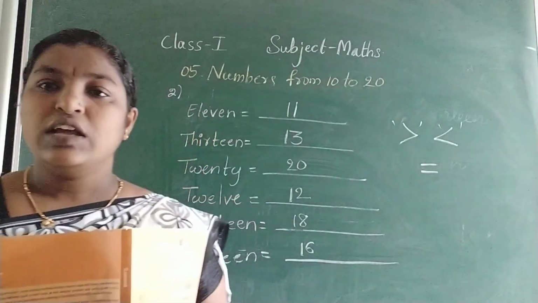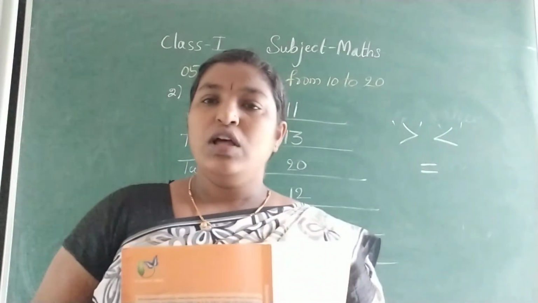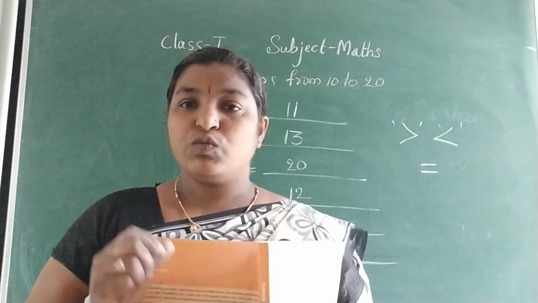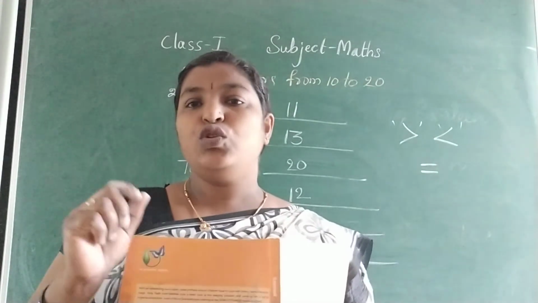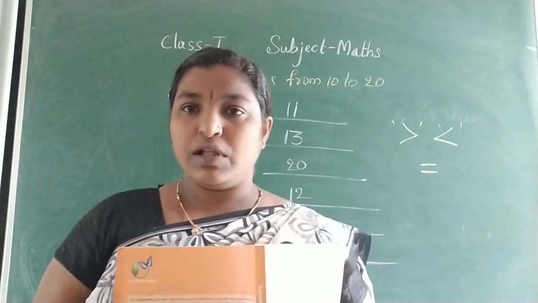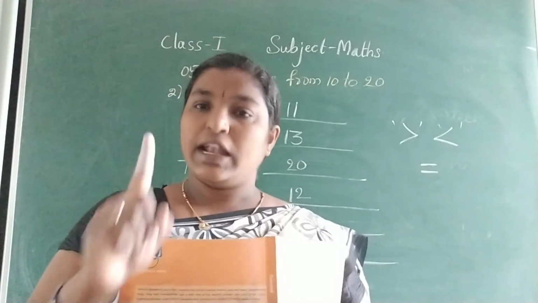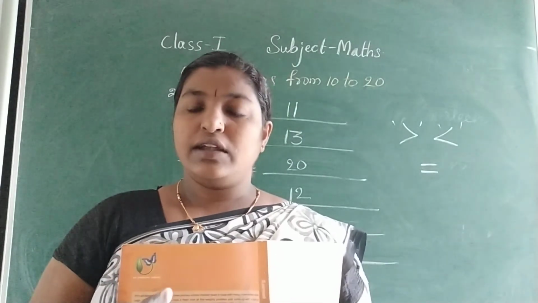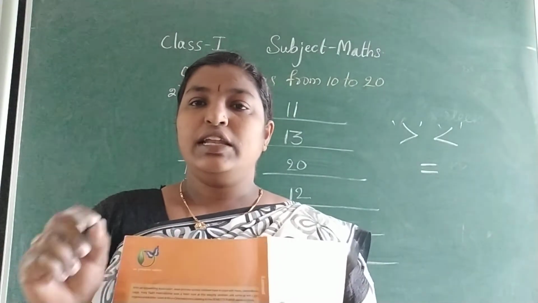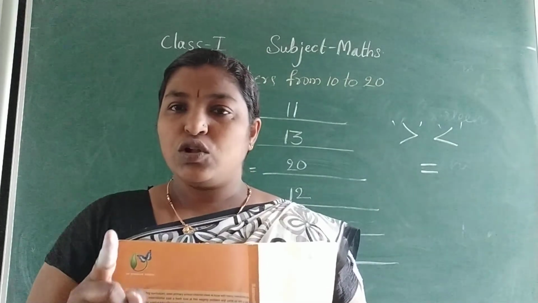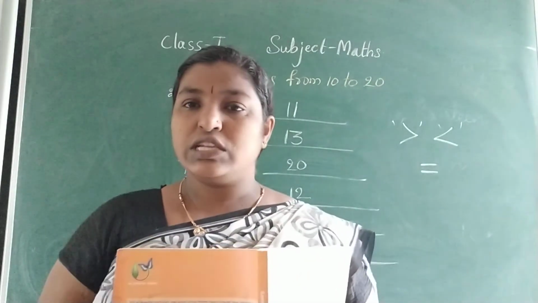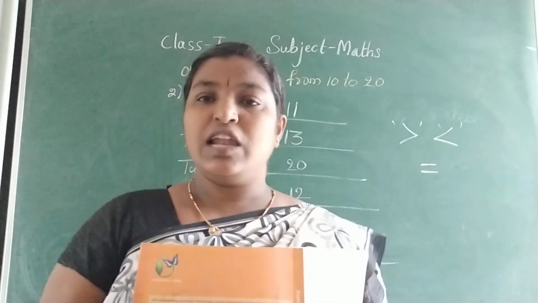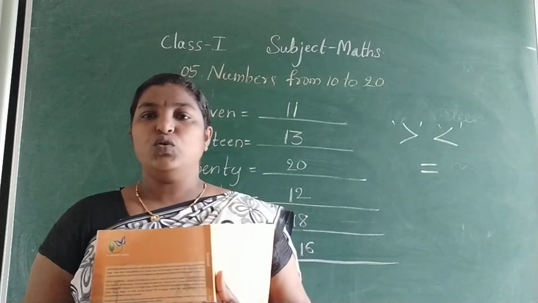I'll send you one video in which he reads out the tables without seeing, from 2 to 30. A first standard child, your friend Pratik Mang, has memorized 2 to 30 tables without one mistake. He will tell them continuously from 2 to 30. So he has done it means you are also able to do this.